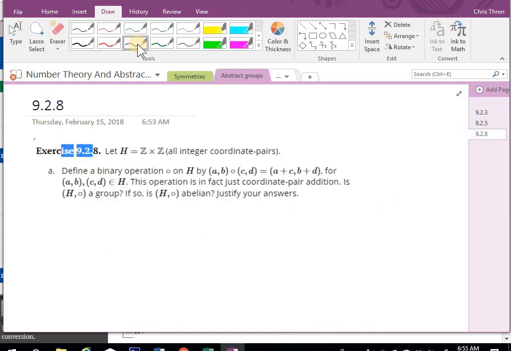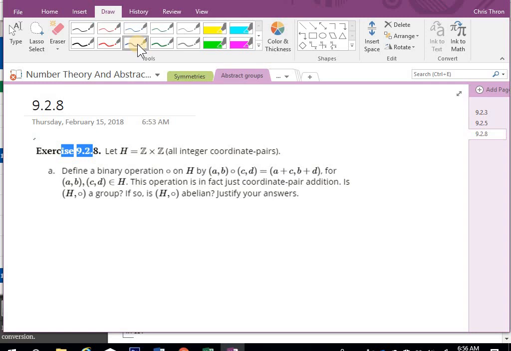All right, for 9.2.8, I think I'm just going to talk through this one. Again, if you want to show something is a group, you just need to go through the four properties. First of all, closure. You can just say that by definition, the AB composed CD is a coordinate pair, so H is closed under circle.